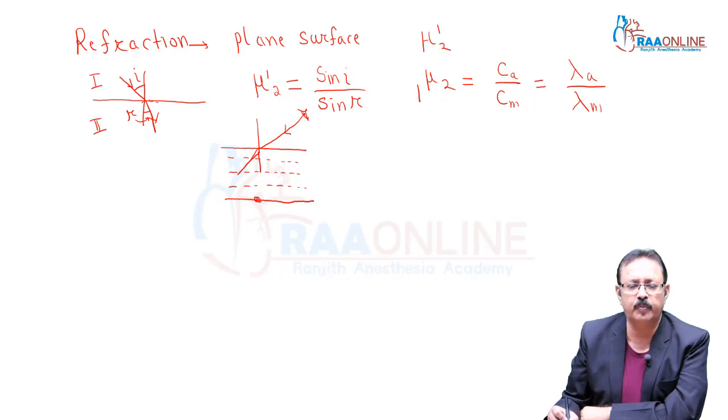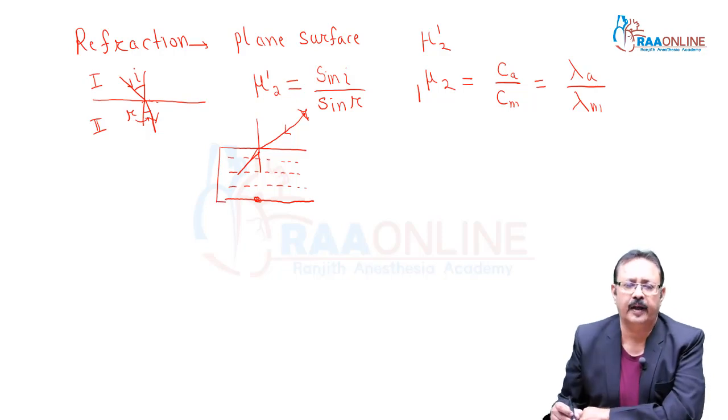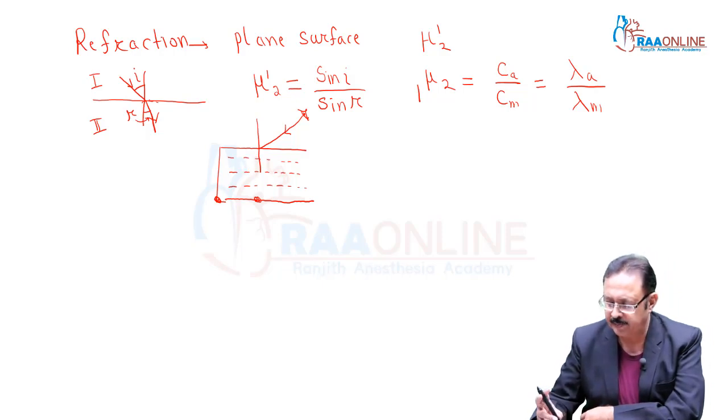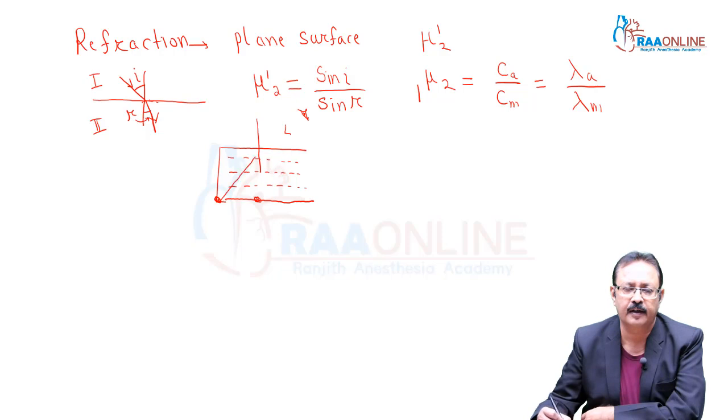And if you put some object at this place, I am now reversing the direction of rays. Rays are travelling from this point to your eyes. What will happen then? If I take rays from water to your eyes, now they are travelling from denser medium to rarer, so they will move away from the normal.